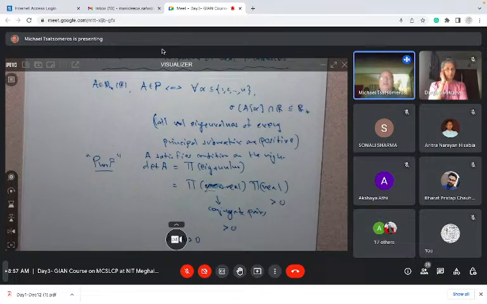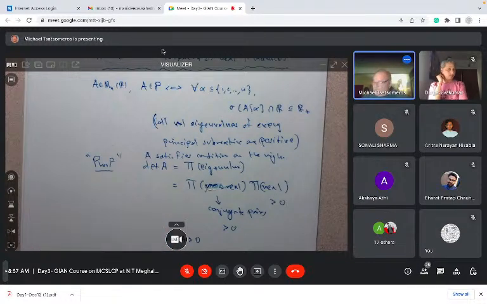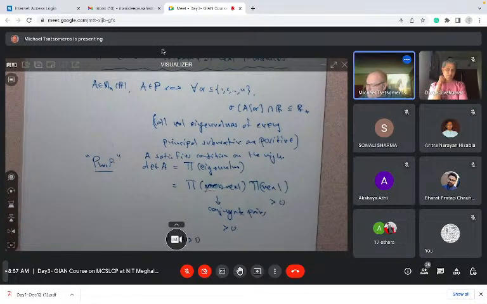Conversely, if you have a P matrix, so if A is in P, the real eigenvalues must be positive. I hope you see why, right? Because Ax equals lambda x, and lambda is real.